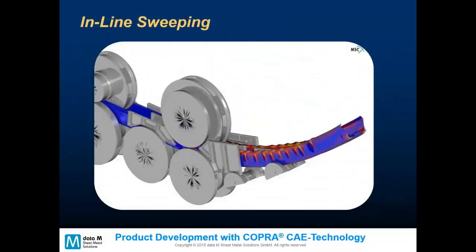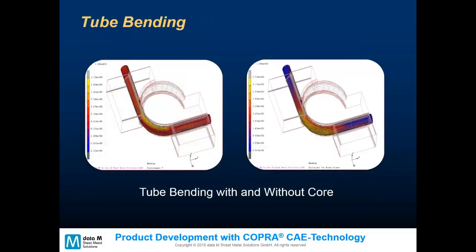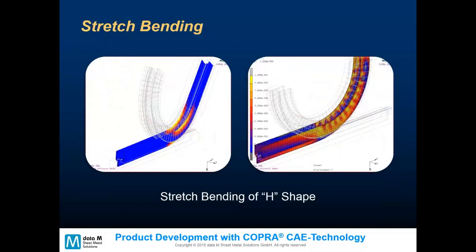Inline sweeping, you can see here this is an example with an open profile. And tube bending with and without a core. Stretch bending, you can see in this particular example of an H shape.